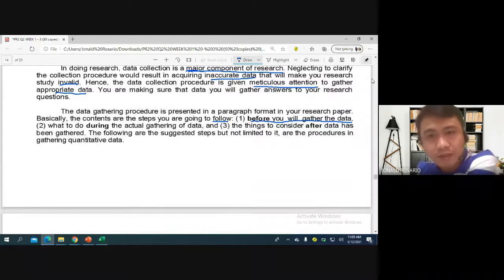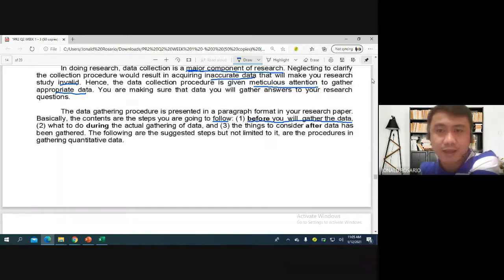Sulatan mo yung principal, para payagan ka na mag-conduct ng isang survey. What to do during the actual gathering of data? Anong gagawin kapag nandun ka na at kaharap mo na yung mga respondents mo? Ilalagay mo din yung procedure.